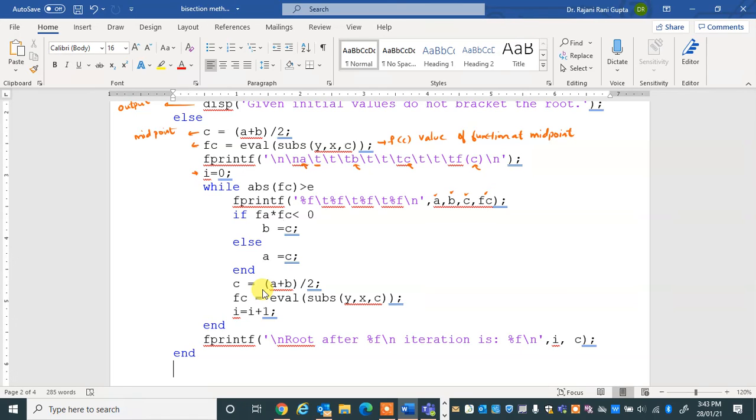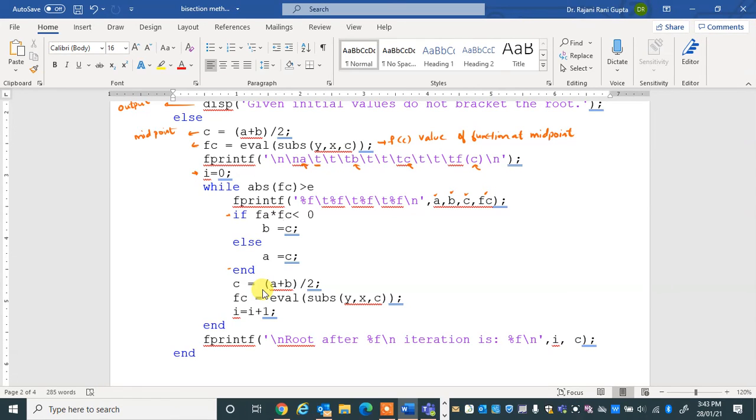The root lies in this interval, and then we replace b by c. Otherwise, if fa times fc is greater than 0, it means the root does not lie between a and c, it lies between b and c. So we replace a by c. So we are just replacing the midpoint. Okay, so this is the if block, which ends over here.